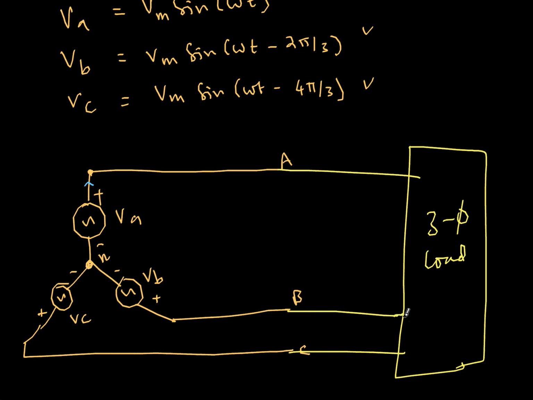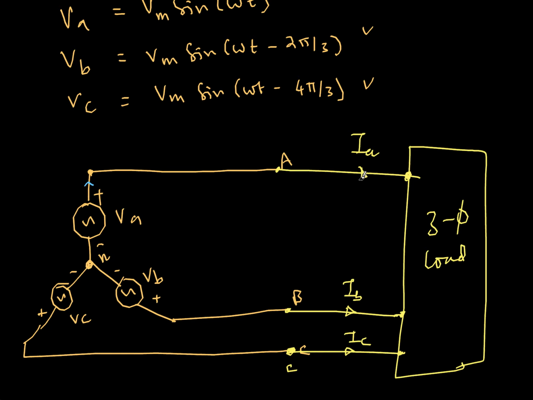Now, what is inside this three-phase load is what we'll discuss later. In fact, the load itself can also be connected as a star connection or delta connection. We'll come to it later. So let's take this as the current IA and this as the current IB and this as the current IC, because this terminal is C, this terminal is B, and this terminal is A.